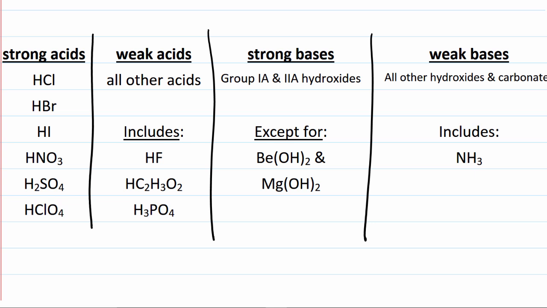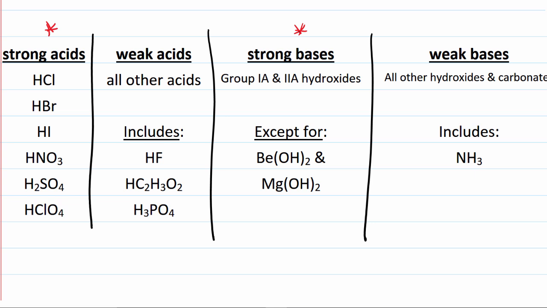And specifically, if you're going to memorize anything, these are the two columns you should memorize. You should memorize the strong acids and the strong bases. The reason why you should learn these is because if you learn the strong acids and learn the strong bases, any other acid you encounter is going to be a weak acid.